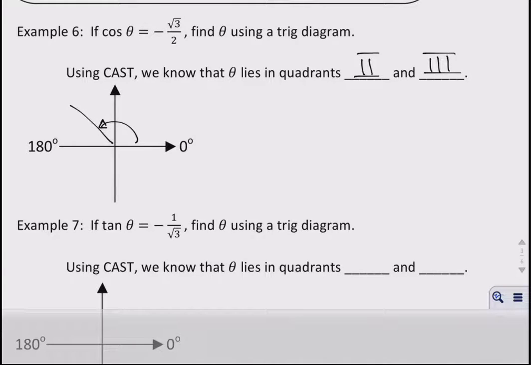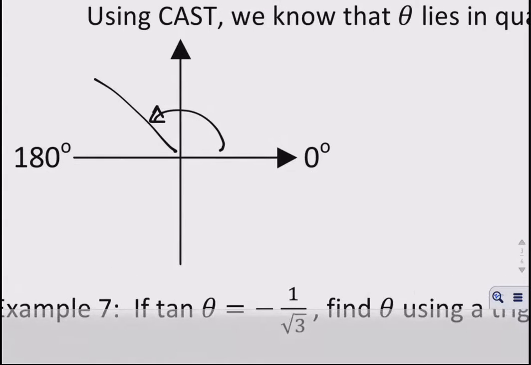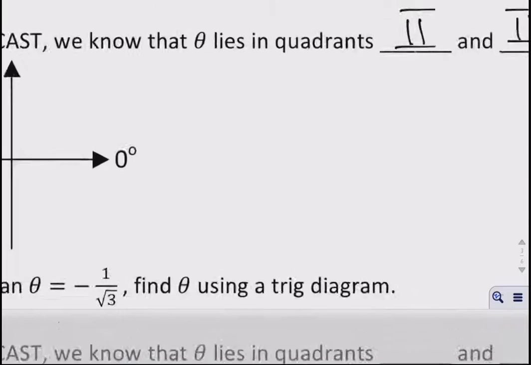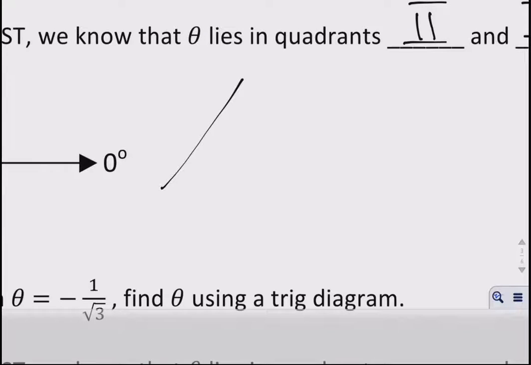So negative root 3 over 2. Very familiar to our 60, 30, 90 triangle. This is 60, this is 30, this is root 3, this is 1, this is 2. So in terms of how that looks in my plane, well, let me actually draw this triangle a little bit better and superimpose it.